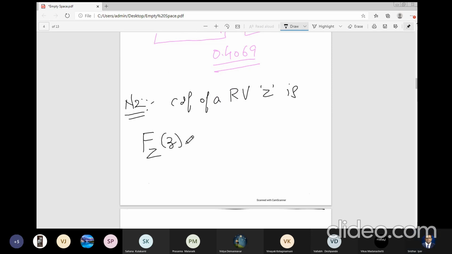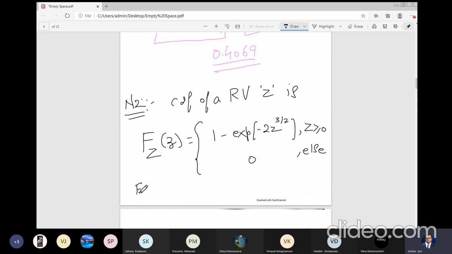And this is equal to 1 minus exponent of minus 2 z raised to 3 by 2 for z greater than or equal to 0, and 0 for all other values.